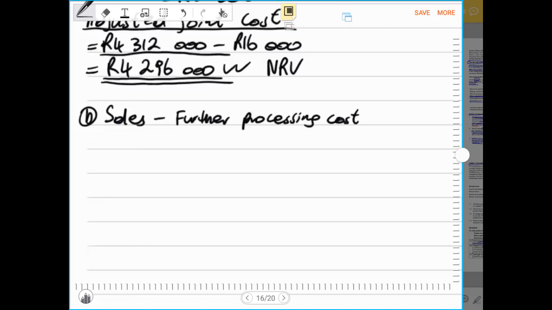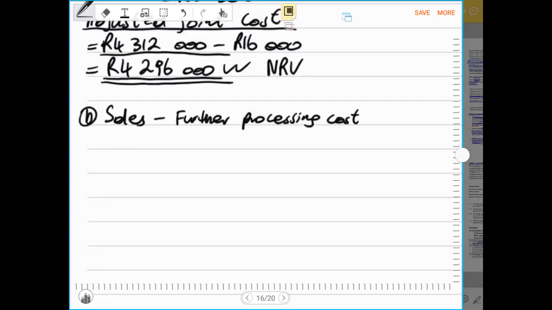So we need the sales for the 2 products, and the total further processing cost for the 2 products. This will give us the net realizable value amount, and then we use it as the base to allocate our adjusted joint cost.